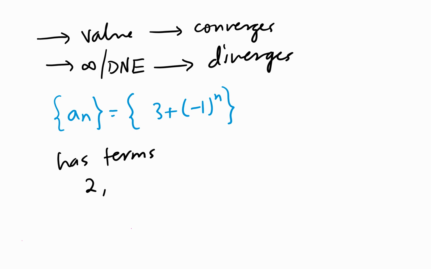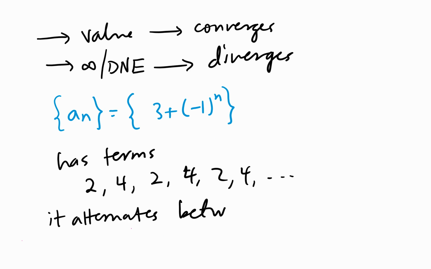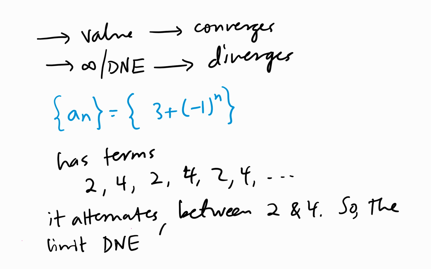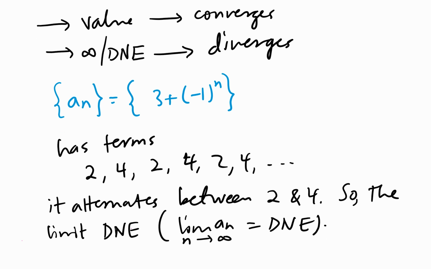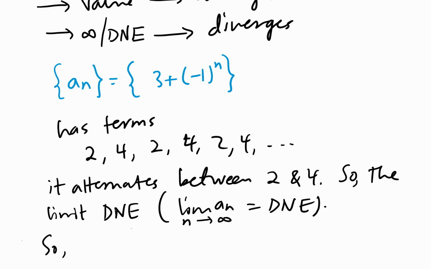If you put 2 in, you get 3 plus 1, which is 4. Then it keeps going 2, 4, 2, 4, etc. So it alternates between 2 and 4. It's not heading to a specific value. So we say the limit of a sub n as n approaches infinity does not exist, and the sequence diverges.